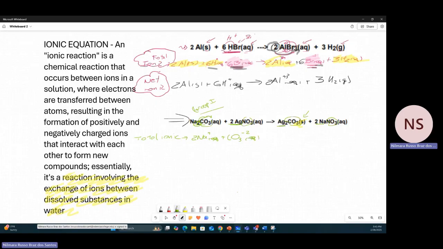Then I have this here, 2 silver. And silver, as I asked you to memorize, is one of the elements that is +1. Silver is a transition metal, but has a fixed charge. So it's a +1. Plus, this is, oh, see?